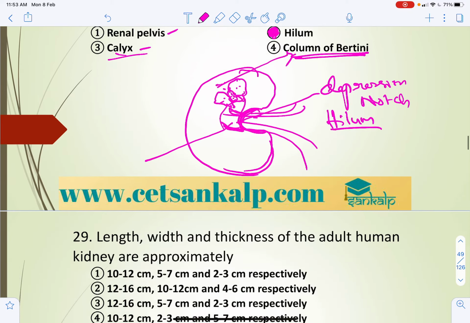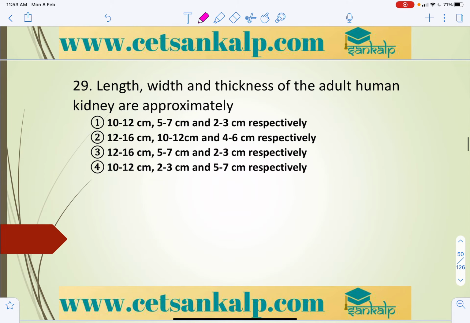Next, the length, width and thickness of the adult human kidney, which we discussed in the previous class. I also mentioned we may get a question like this on the length and size of the kidney.